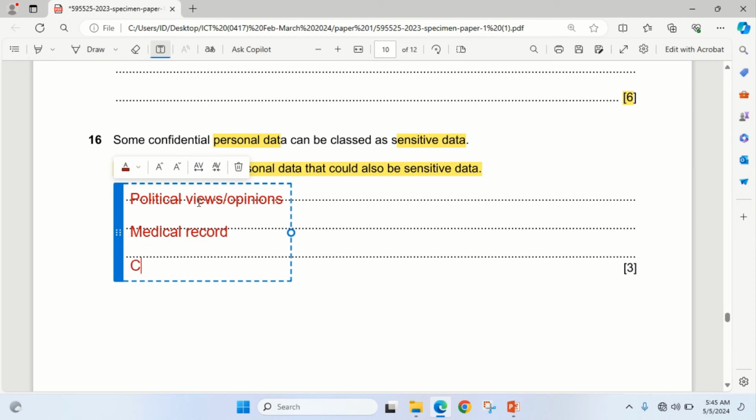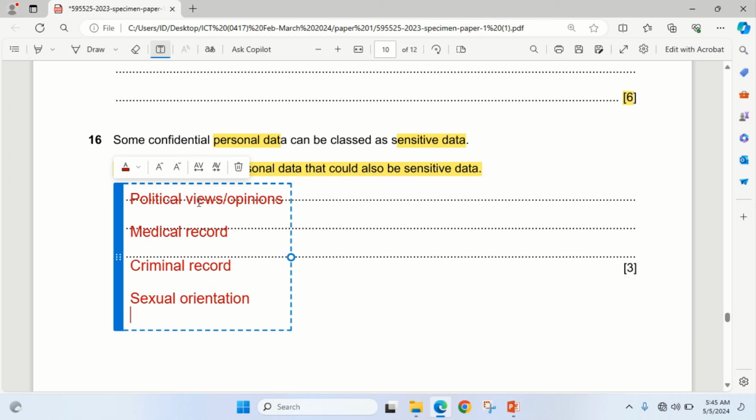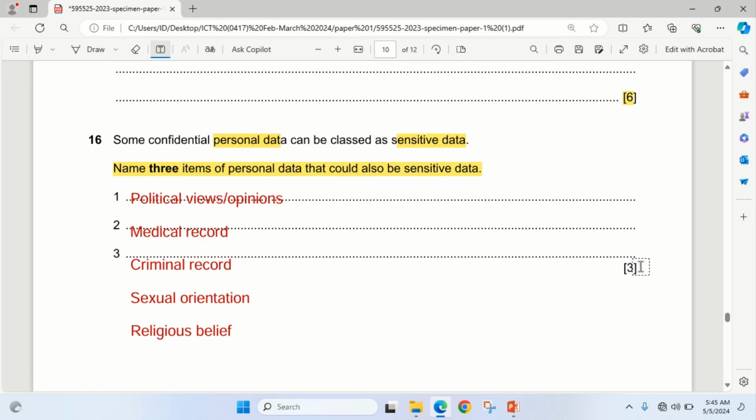Criminal record of a person. Sexual orientation of a person. Also religious belief or philosophical belief. You understand? And so on and so forth. So any 3 here will earn you the full mark. So take note of that.